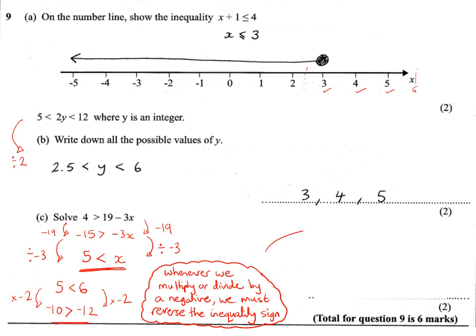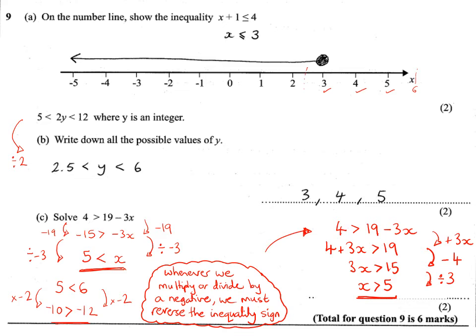An alternative approach to doing this is to completely avoid multiplying or dividing by negatives, and instead we're going to start with our inequality, and to deal with this negative 3x we are just going to add 3x to both sides. Now we can subtract the 4 and then we are dividing by 3, positive 3.